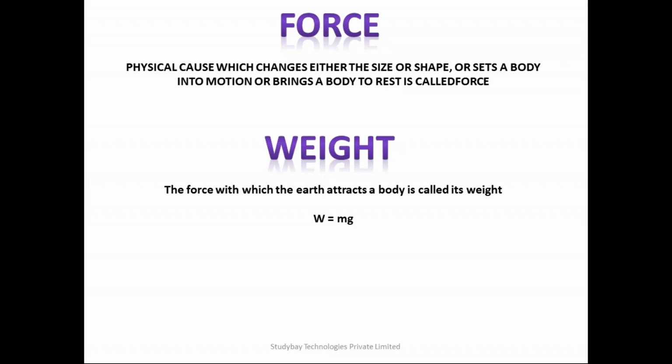Weight depends on the mass of the body and the acceleration due to gravity. If you have the mass of a body and the acceleration due to gravity, you just multiply them and you will get your answer. Right? This is weight.